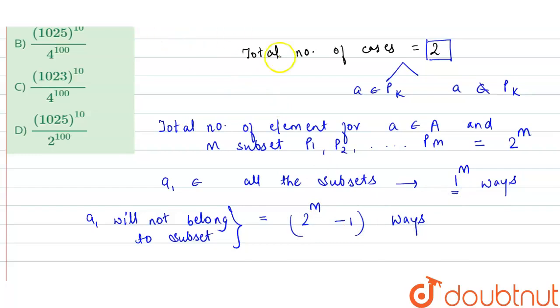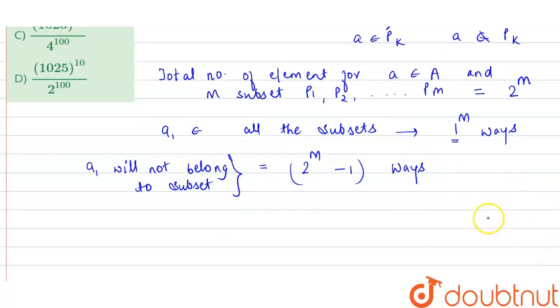So in the question, they have asked us about the probability that P1 will be a subset of P2, and then this will be a subset of P3, and it goes on till Pn. Now how can we solve it? Suppose A1, A2, and this will be up to An.